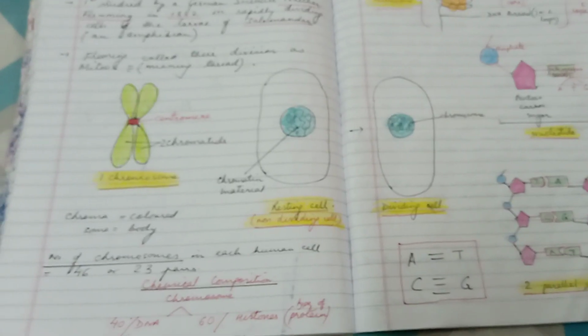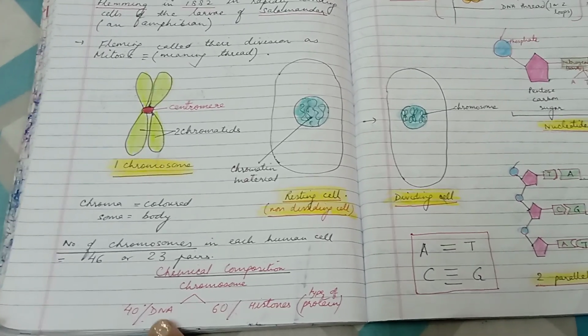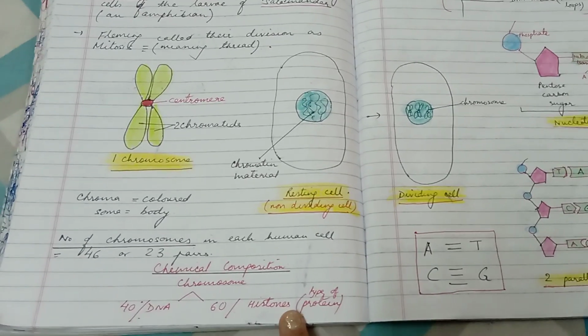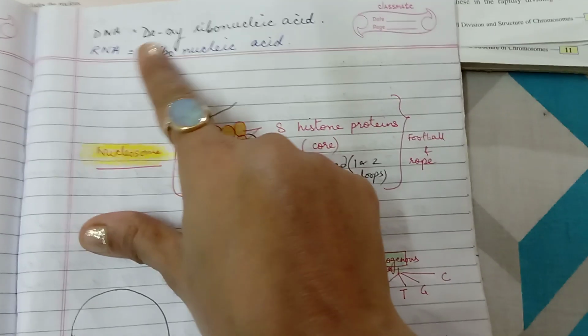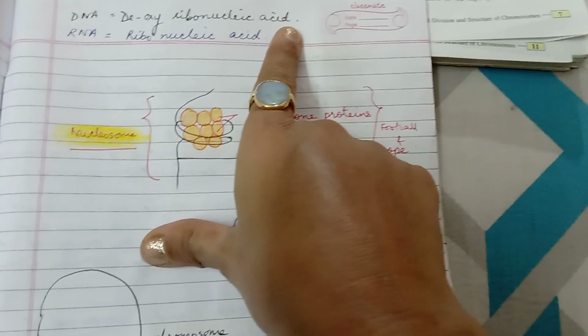The chemical composition of these chromosomes is basically of two types: DNA, 40%, and 60% a type of protein known as histones, right? Before we move further, let me tell you the abbreviation and meaning of DNA: deoxyribonucleic acid.